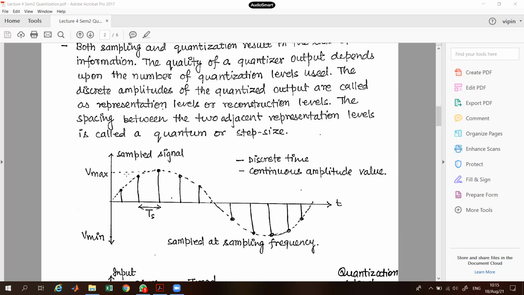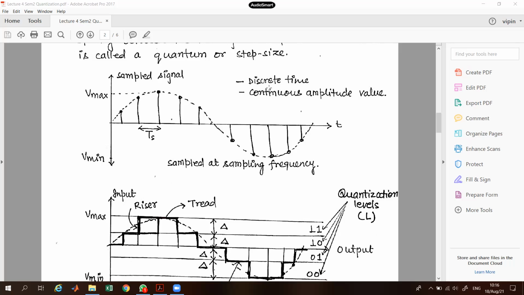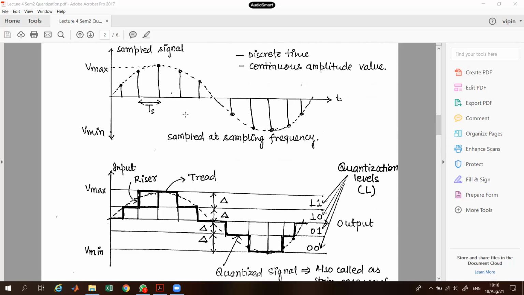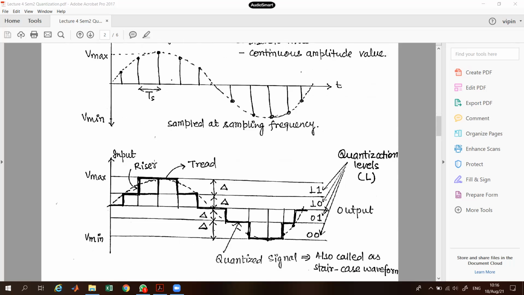So we have this sampled signal. It is defined at different time instances with a gap of sampling time, and we are getting a discrete time signal. So basically my original signal was like this. Now that signal is converted to a signal in this form. Then we have signal levels defined in this form.